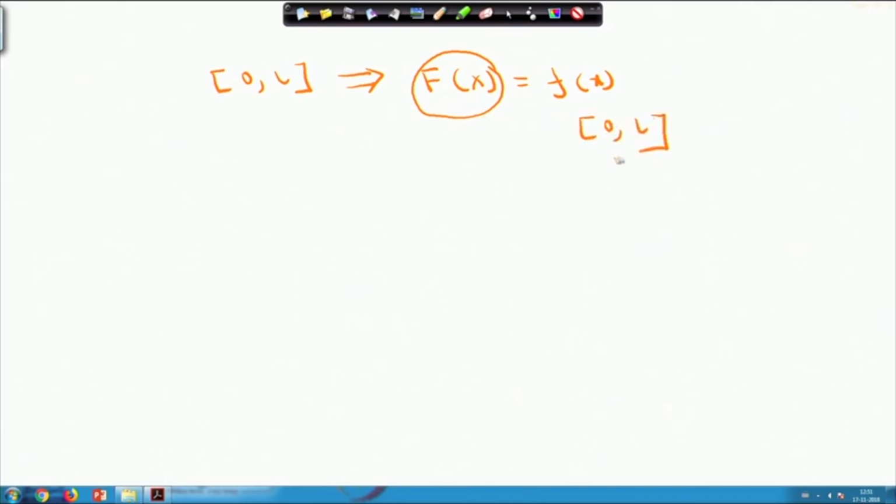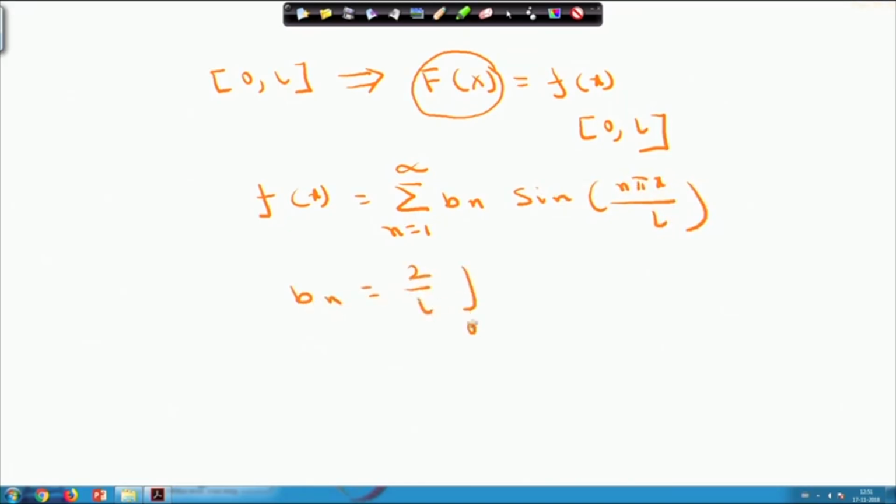In 0 to L, f x will be represented by the sine series, and we can write f x equals summation n equals 1 to infinity b n into sine of n pi x by L, where b n will be 2 by L integral 0 to L f x into sine of n pi x by L d x.